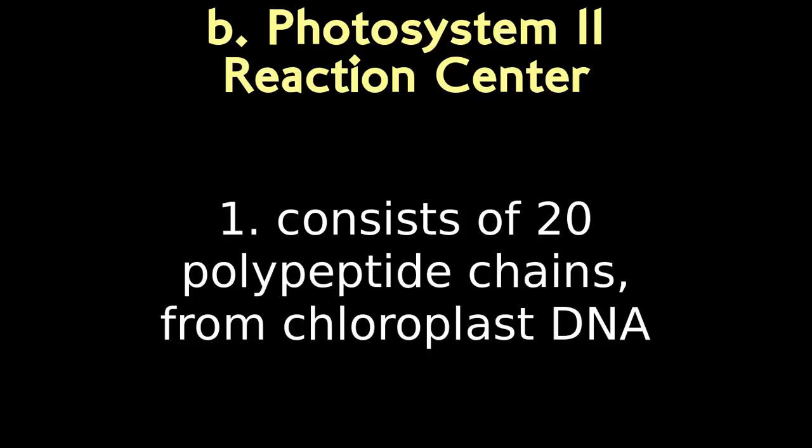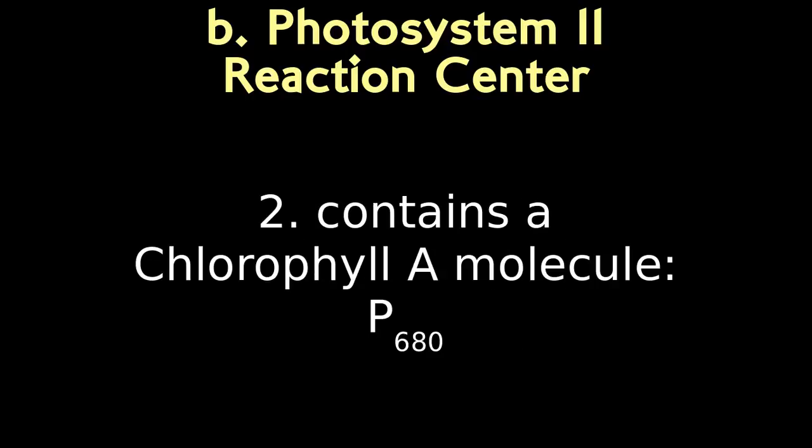The reaction center consists of about 20 polypeptide chains, and all of these are coming from the chloroplast DNA. It contains a special chlorophyll A molecule known as P680, named because this particular pigment absorbs most highly at 680 nanometers.